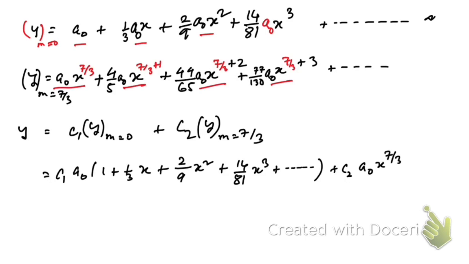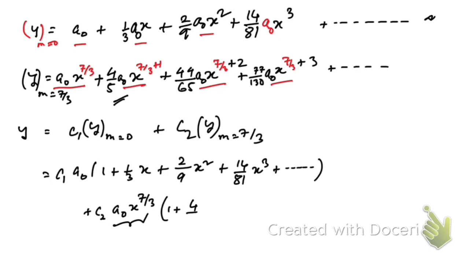Then on taking this common, we're going to have 1 plus, and from the second term 4/5 into x to the power 1, that means simply x.